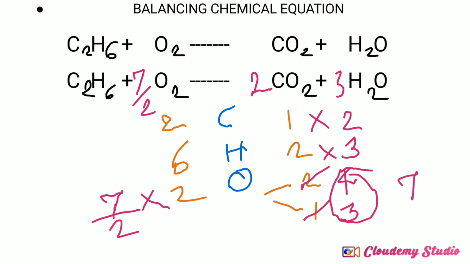But as per the rule, the convention, the mole ratio in a reaction will be a whole number only. But this 7 by 2, the coefficient of oxygen, is a fraction, not a whole number.